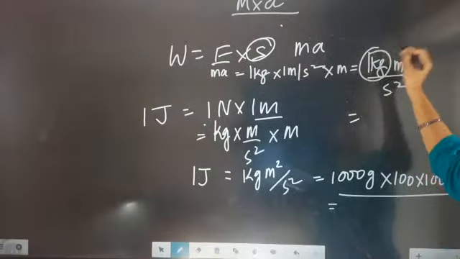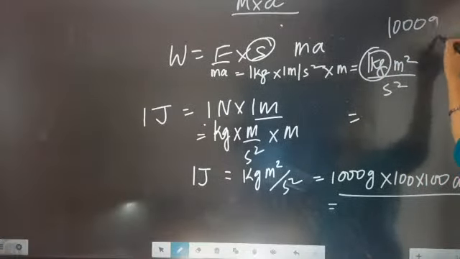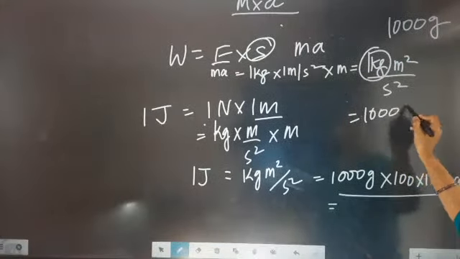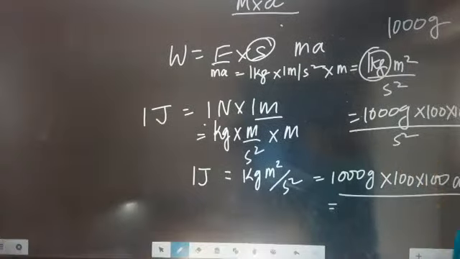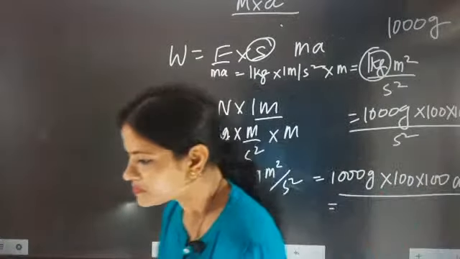Now 1 kg will get converted into 1000 gram, meter into centimeter, so 100 into 100 square centimeter, and second will be same. So that is the CGS system.